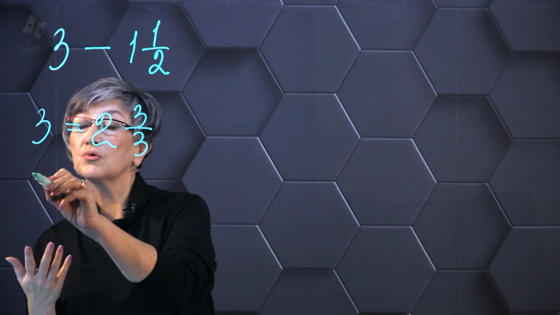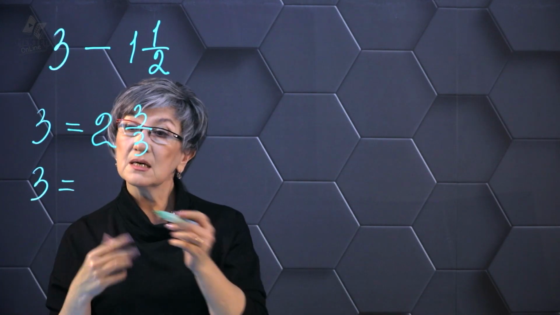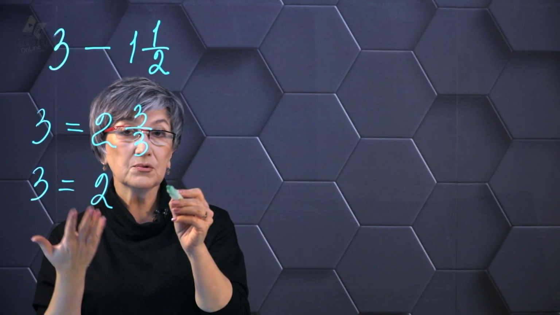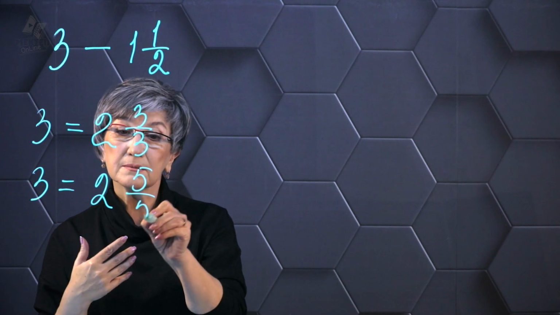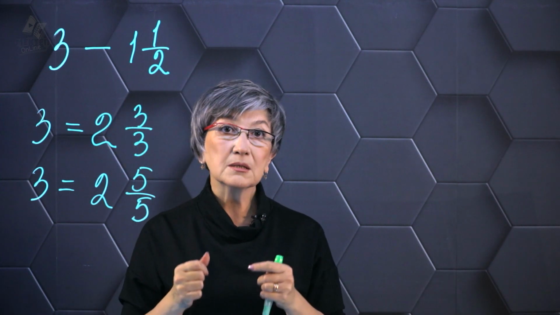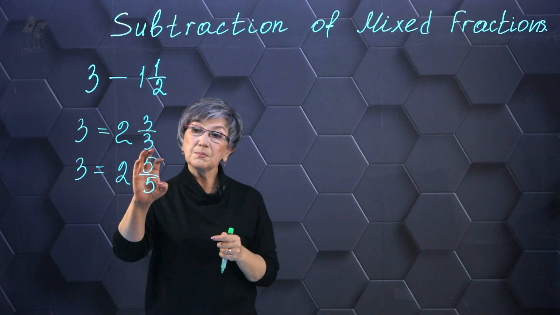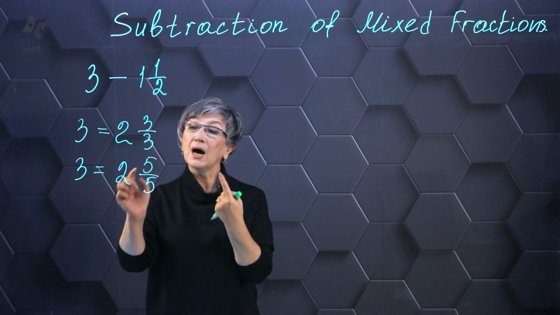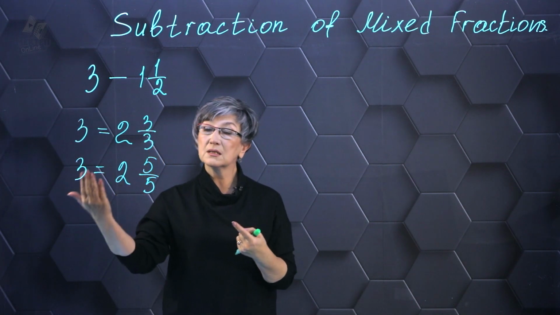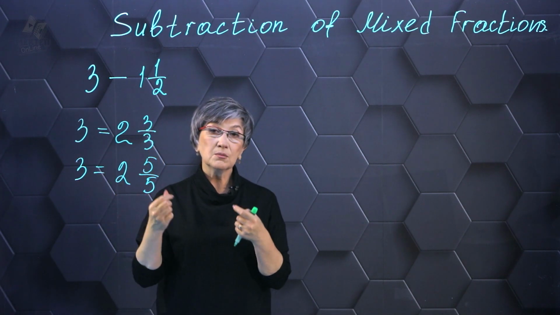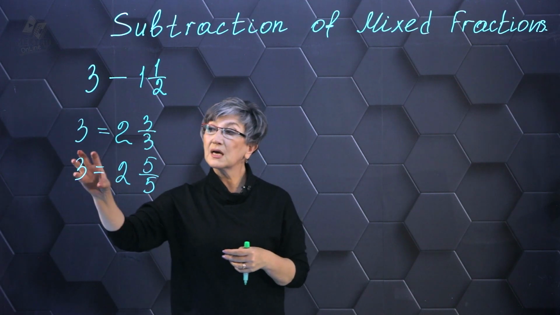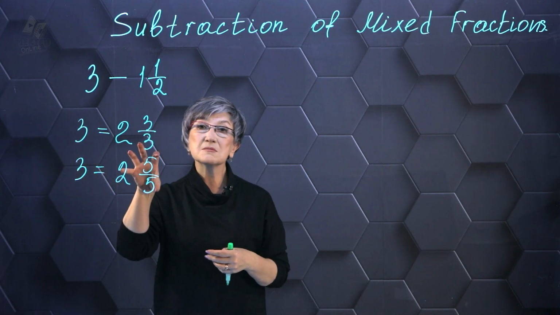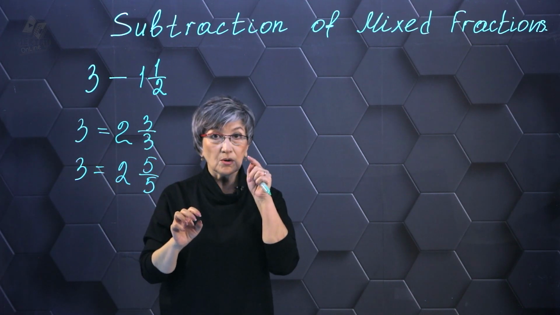I can also write 3 as 2 whole ones, let's say, and 5/5. I can do that. Why? Because 5/5 is 1, and 2 plus 1 would again be 3. So I can write any number as a mixed number, and I can choose the denominator that I want.